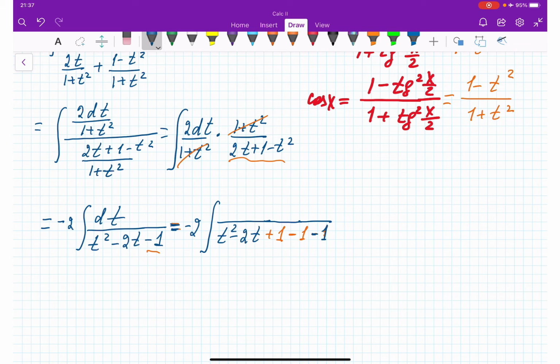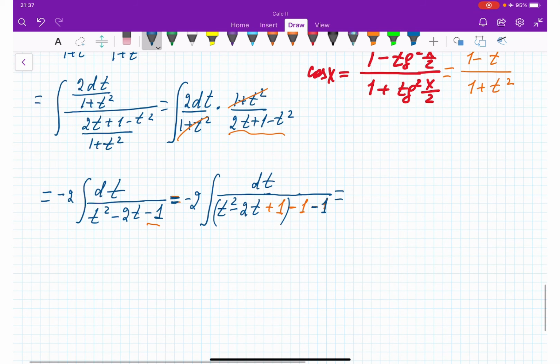Are we clear? dt. So this piece is going to be my perfect square, and I'm going to get negative 2 integral 1 dt, and I am getting t minus 1 squared minus 2.